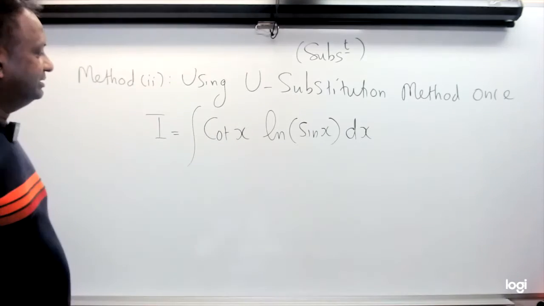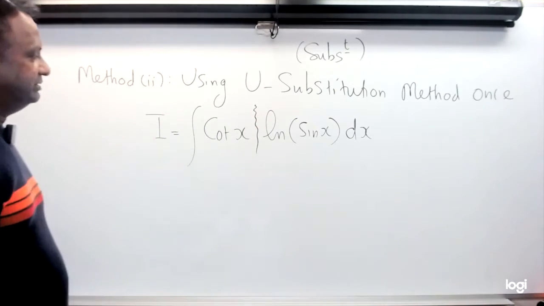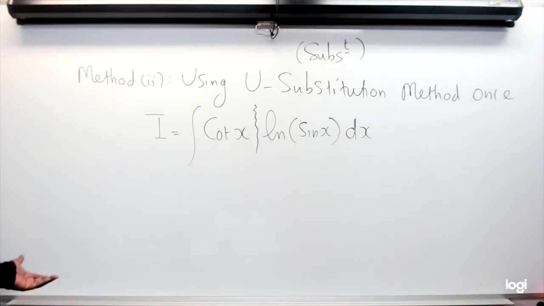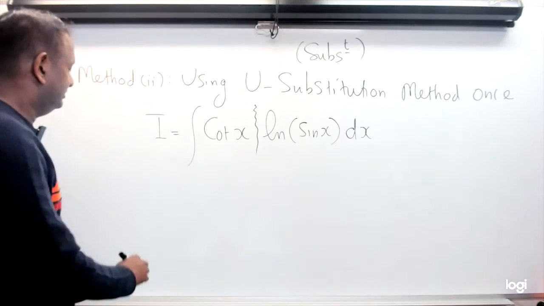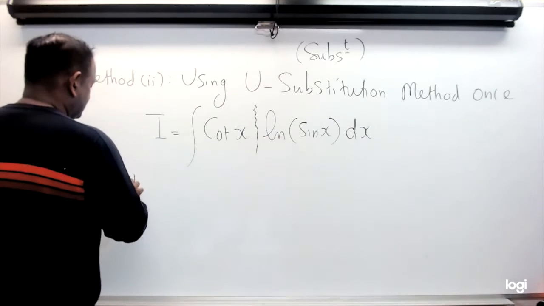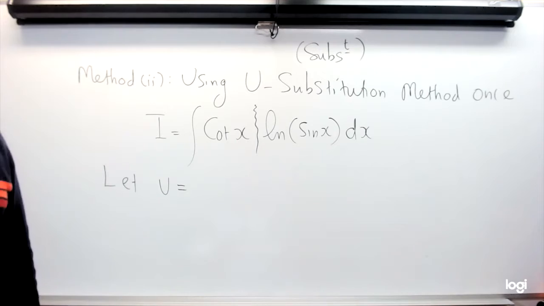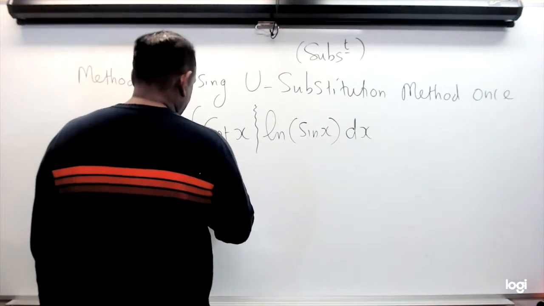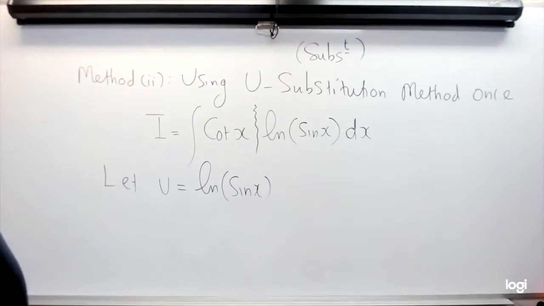You have 2 functions. Which one are you going to take as u for sure? You can remember last time even for this guy being taken as u. Let u equal the whole thing, ln sine x, the whole thing.